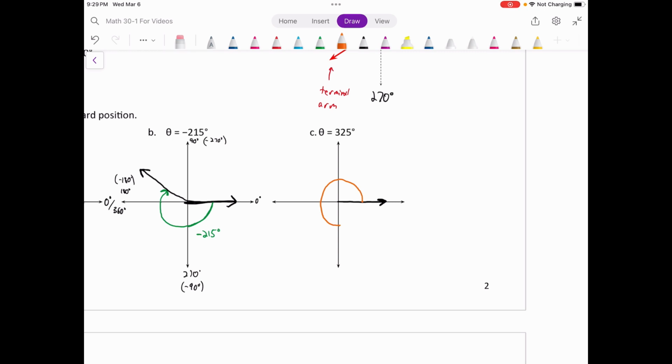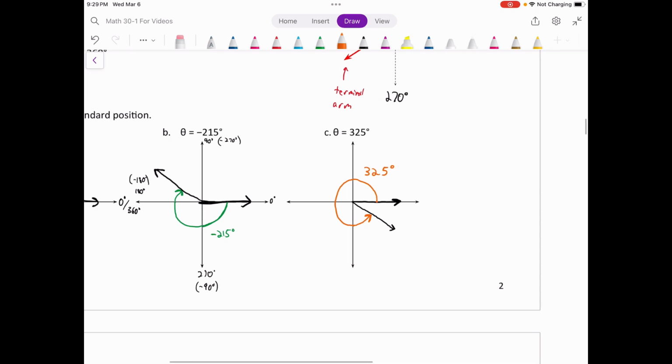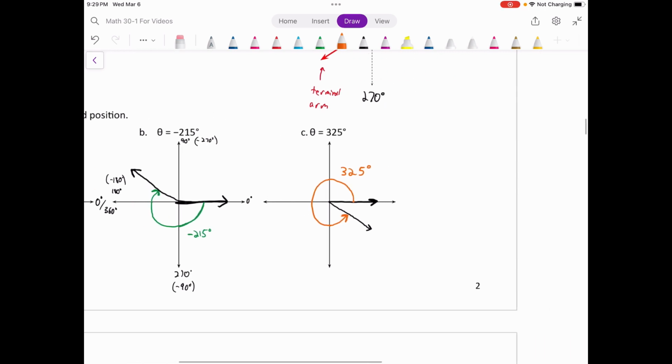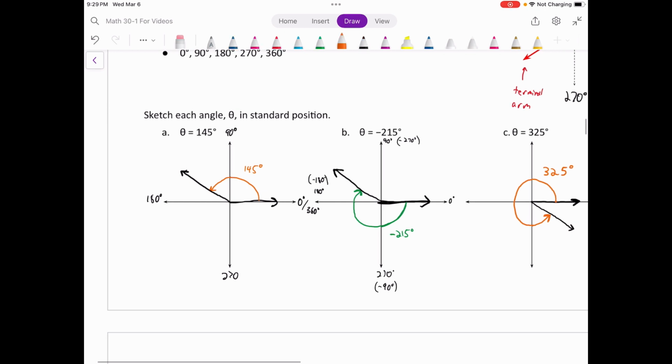So from 270 to 325, I'm going about 55 degrees past 270, which means it's a little more than halfway to 360 from 270, something like that, right? And so there is an angle of 325 degrees, okay? Pop quiz, what quadrant is that? That's in quadrant 4, right? We're terminating in quadrant 4. These two were both in quadrant 2.